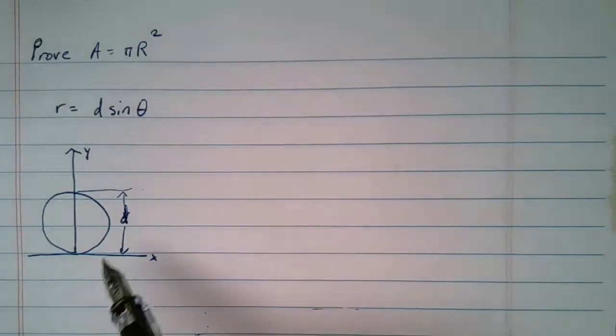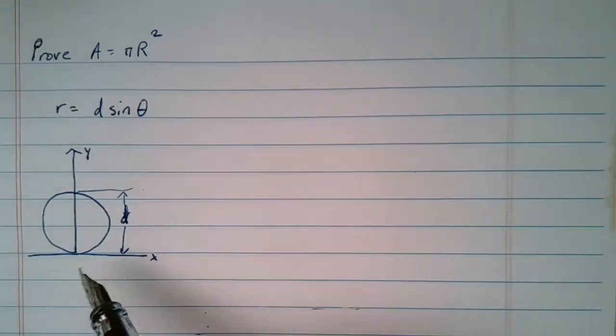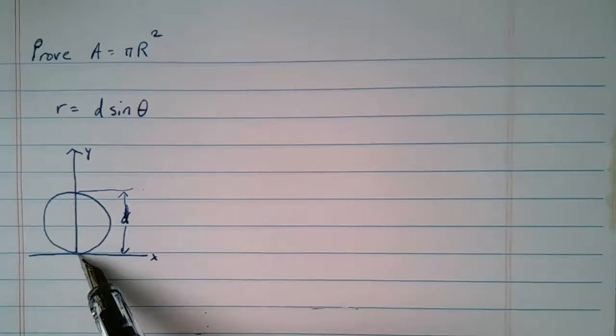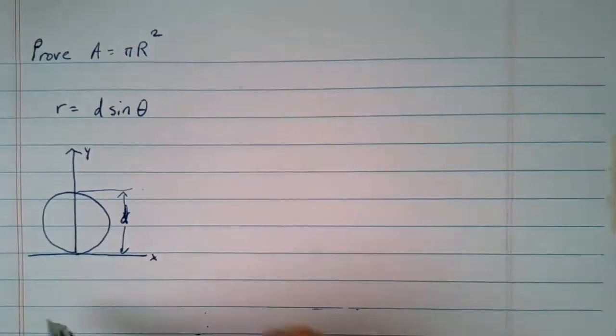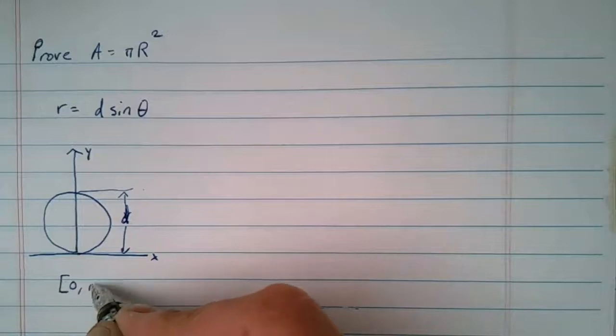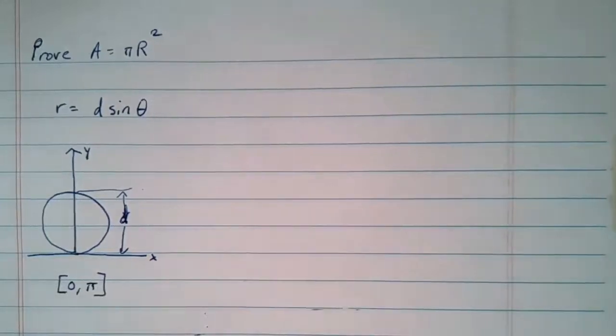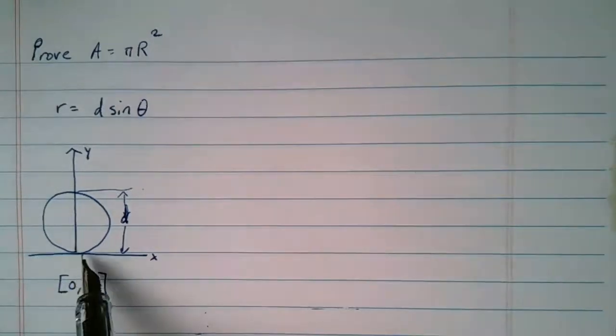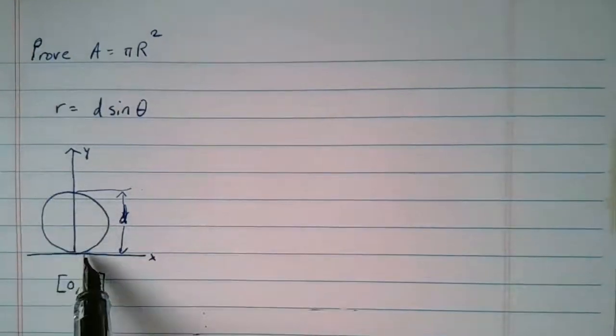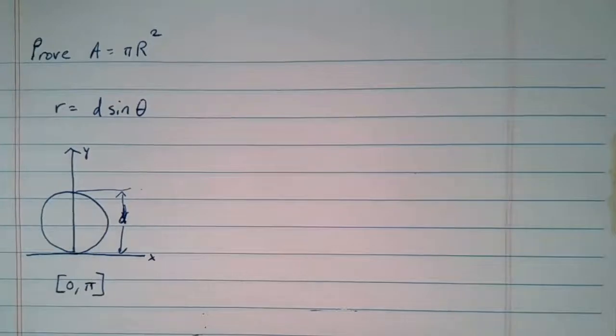Now, one other thing you need to know about this graph before we get started is that 0 to pi will generate this graph. This is 0 to pi. And if you graph this on a graphing calculator and you go 0 to 2 pi, you'll actually see it draw this, and then you'll see it redraw it. And so you don't really need to do both. One is fine. And so anyway, let's go ahead and do that.